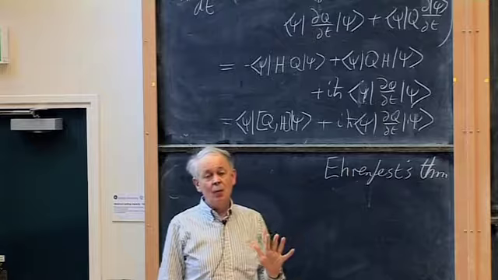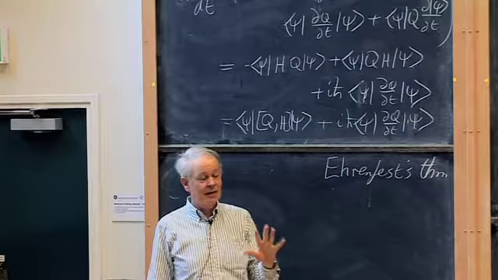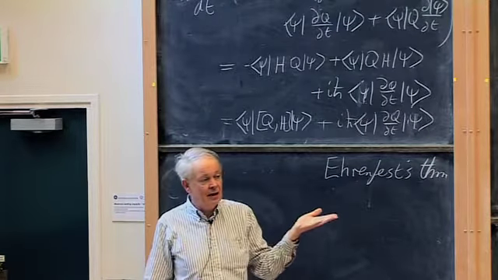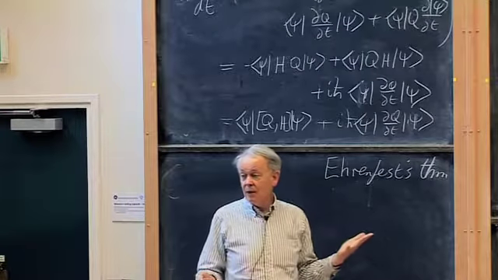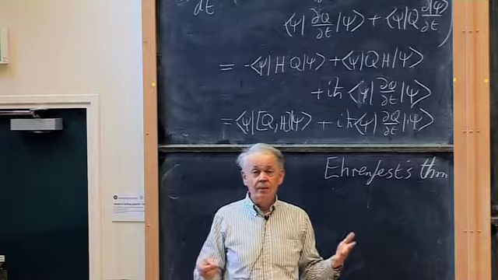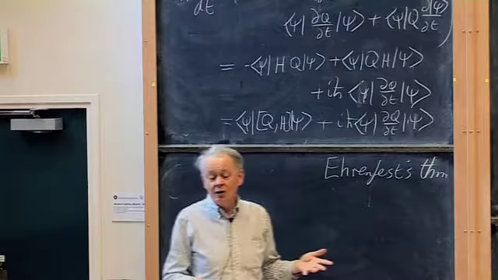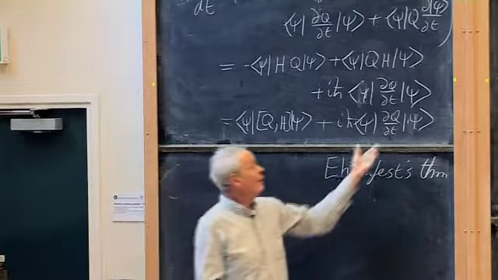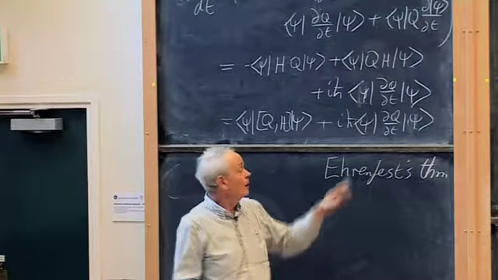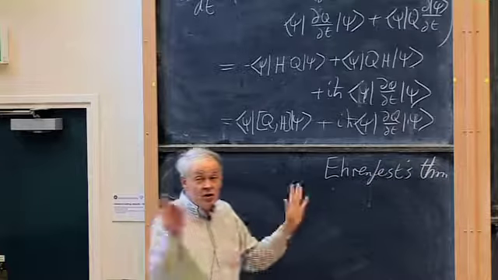If the observable was, for example, x, it would have no rate of change. x is x is x. It's always the same operator. If your observable were p, it would have no rate of change because momentum is momentum is momentum. Our understanding of what momentum is doesn't change from moment to moment. If it were angular momentum, it doesn't change from moment to moment. So this term usually falls away.